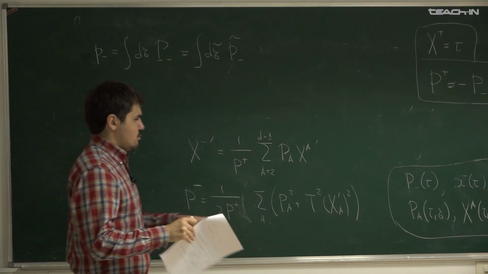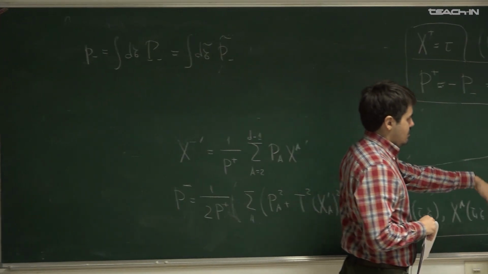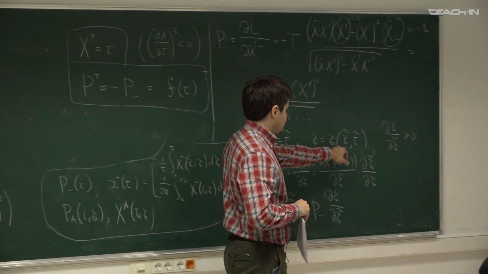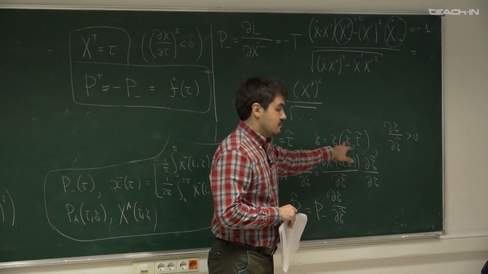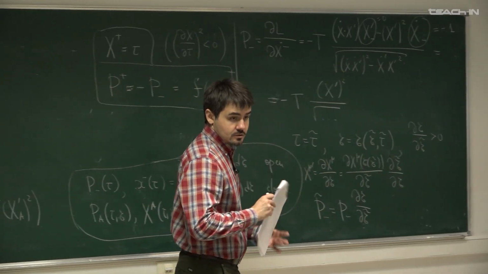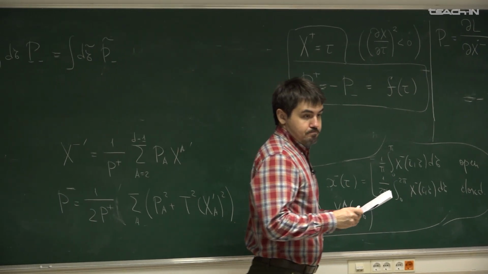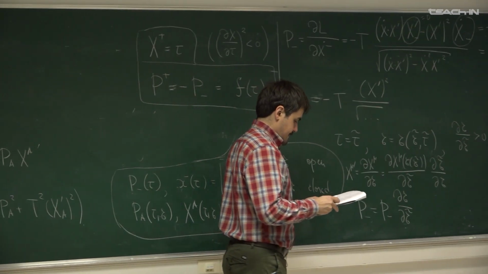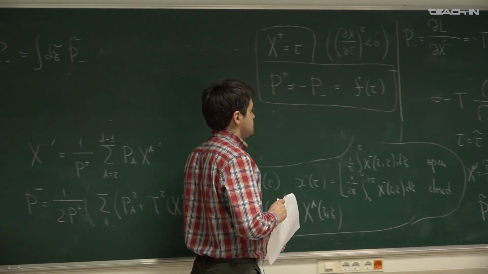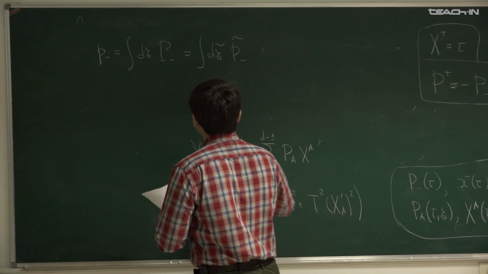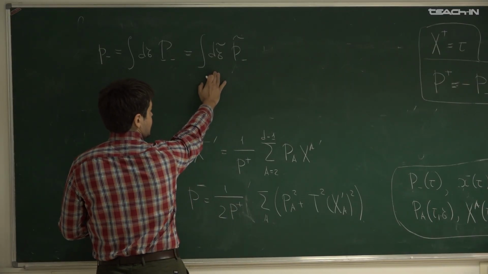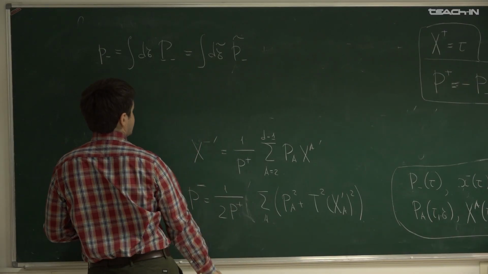Of course, we assume that our reparameterizations respect boundary conditions. So 0 goes to 0, pi goes to pi, or whatever. Or if it's closed string, then this is a periodic function and so on. So this guy is independent of reparameterization.